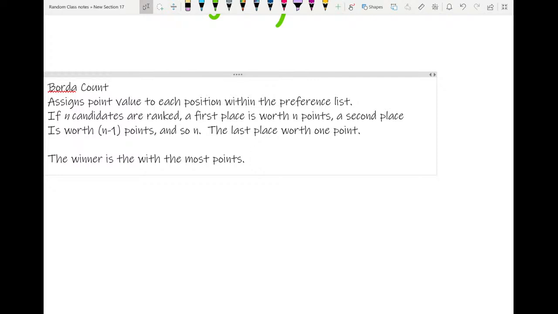So let's look at an example of a Borda problem. Let's look at an example problem from the book. Let's see, where is the Borda count method?